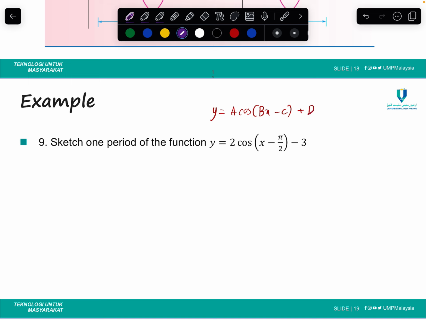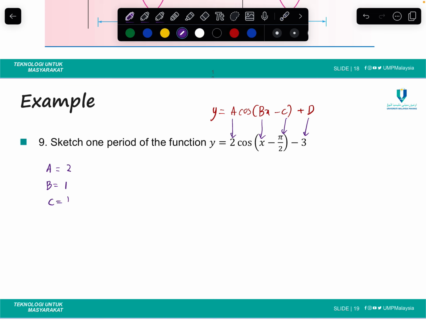So by matching the value with the variable, let's look at this one. You will obtain A equal to 2, B equal to 1. It is 1 because the coefficient of x equals 1.